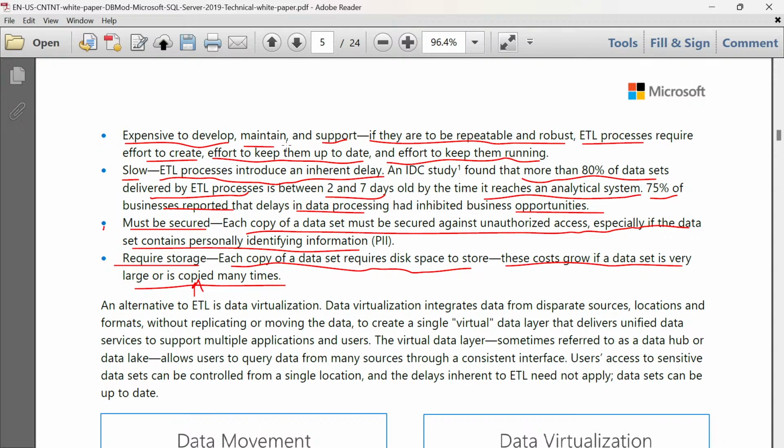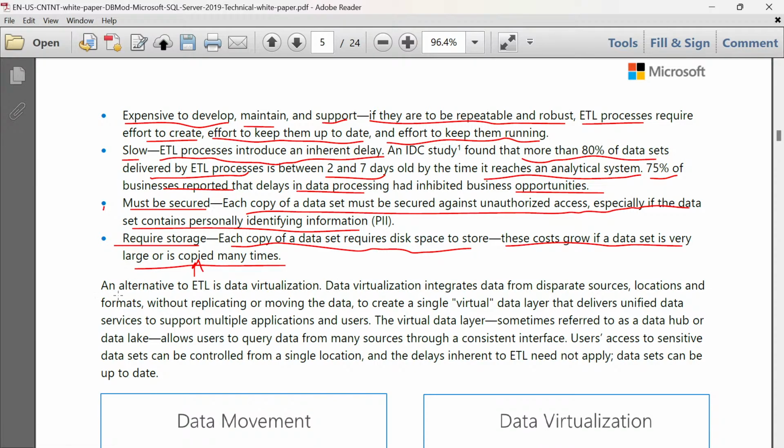So what may be the solution to the problem which leads you to 2 to 7 days, a week of delayed analysis? An alternative to this ETL is data virtualization. You need to virtualize the data, so that it can be readily and easily available, and data analysis can be a faster process.